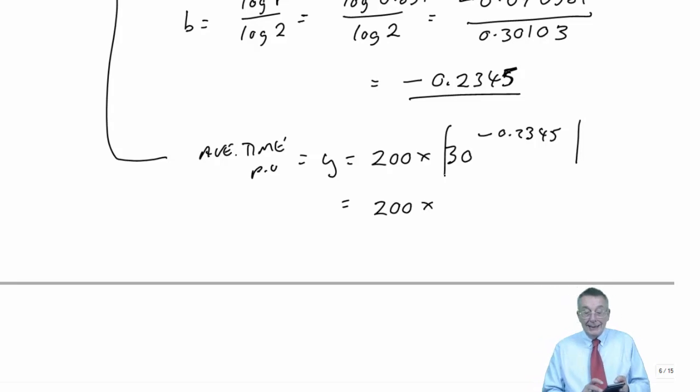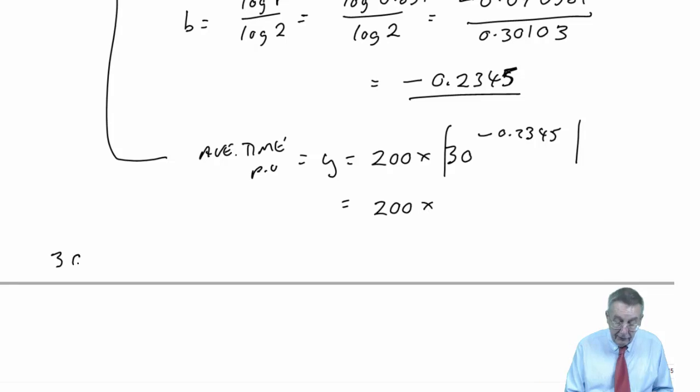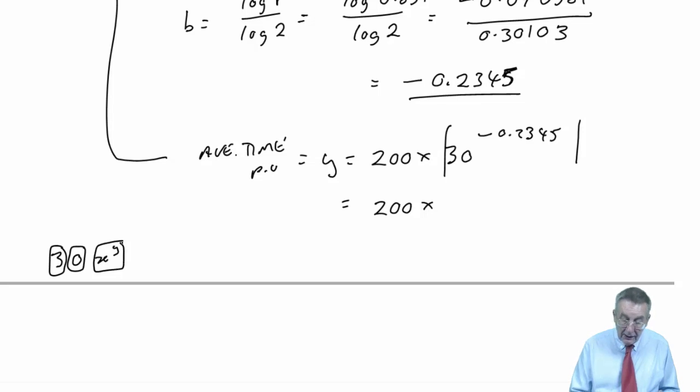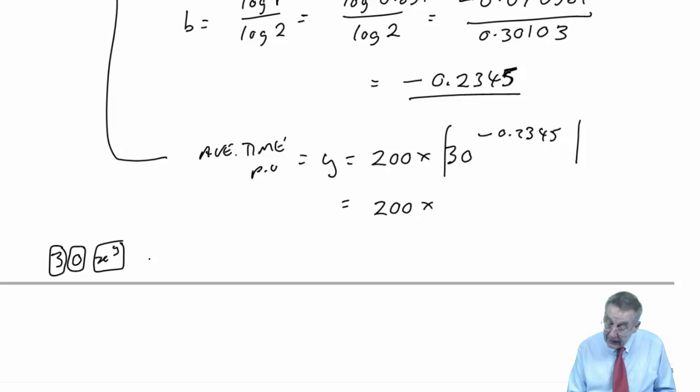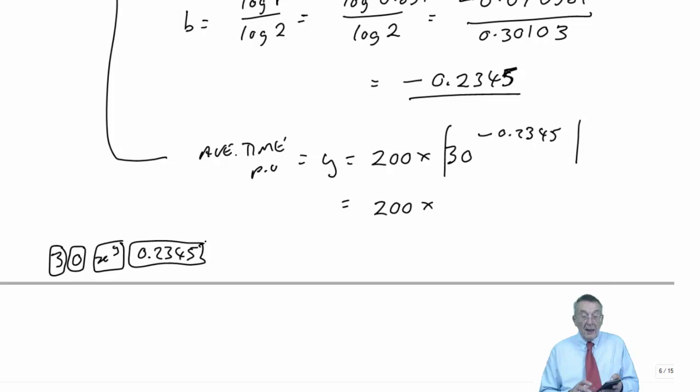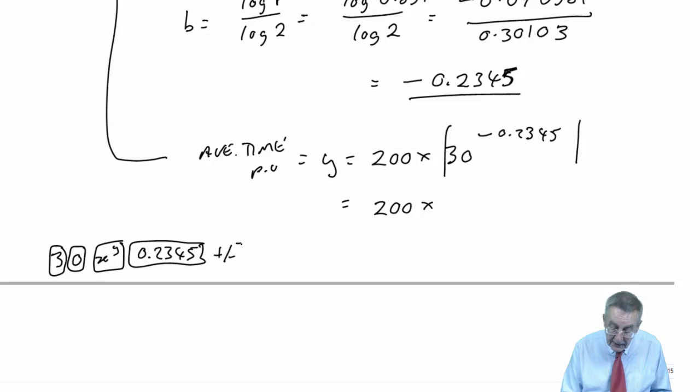I go 30, I have a button, x to the power y, so I go 30, I press the button, x to the power y, sorry, and then I put 0.2345, but at the moment it's positive, but I then have a plus minus button to make it negative.